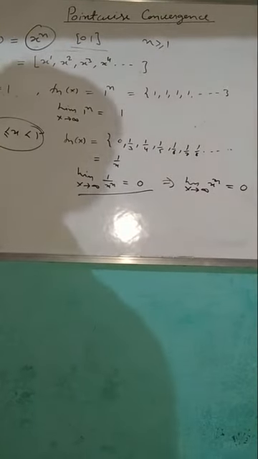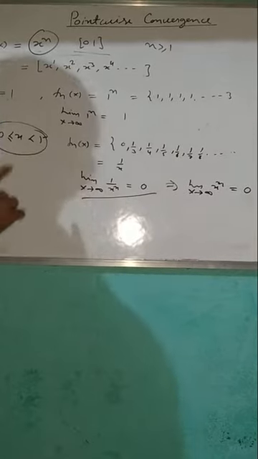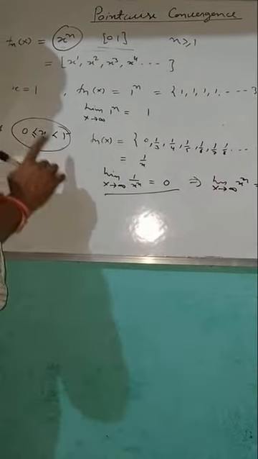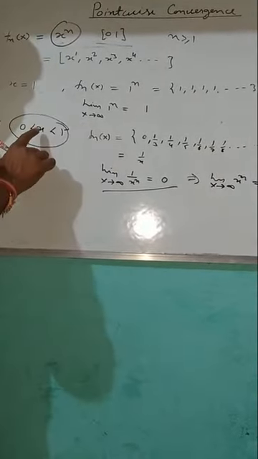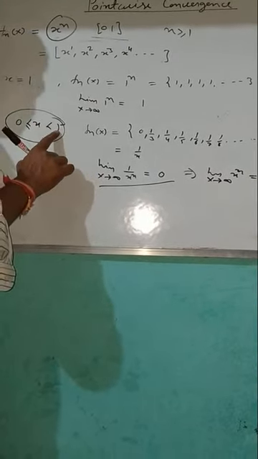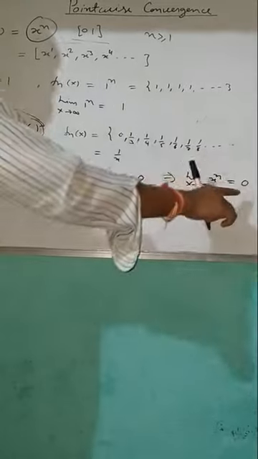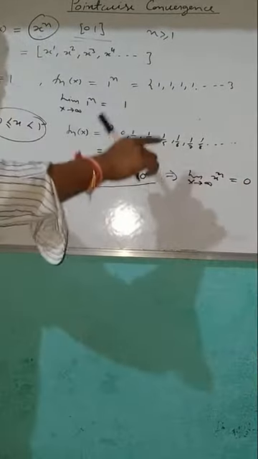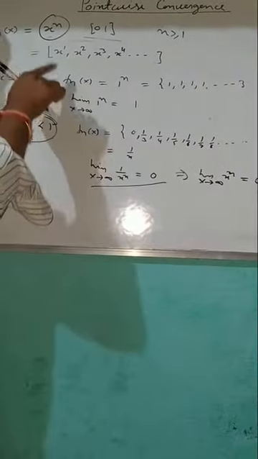In this case we have the limit of all the functions equal to 0 when x is greater than or equal to 0 and less than 1; all converge to 0, and when x equals 1, all converge to 1.